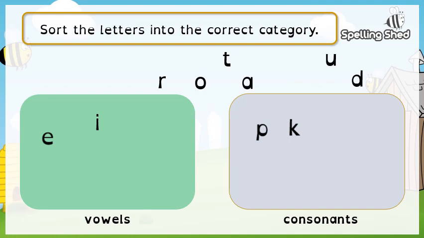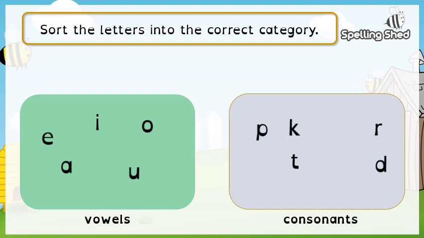R, consonant. O, another one of our vowels. T, consonant. A, vowel. U, that makes our last vowel. We have 5 vowels now, so D must be a consonant.